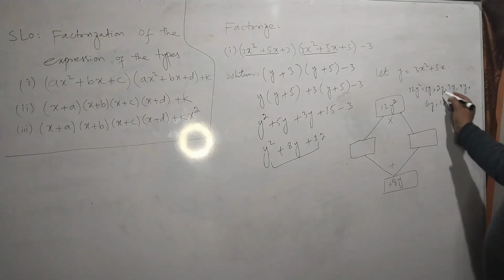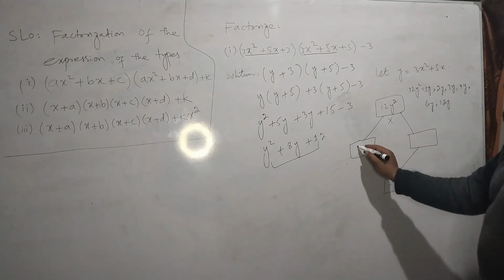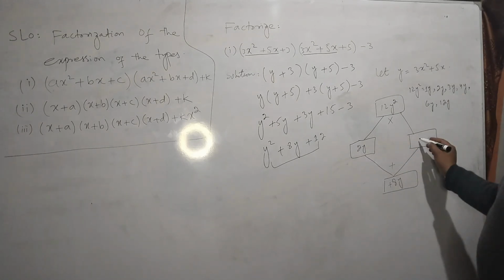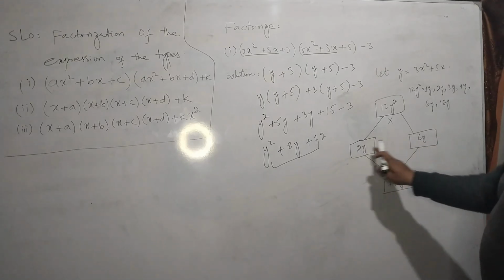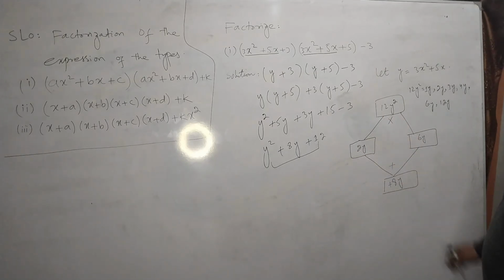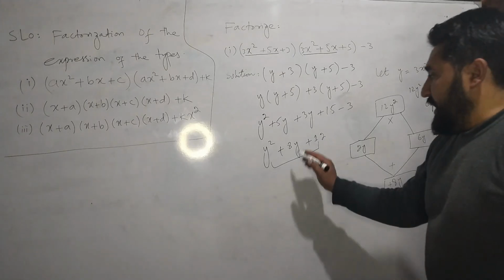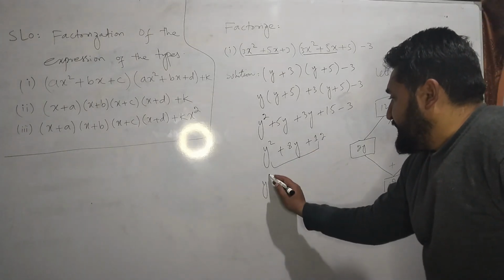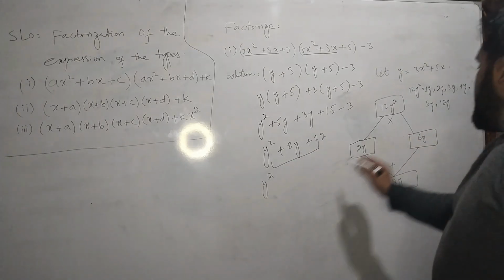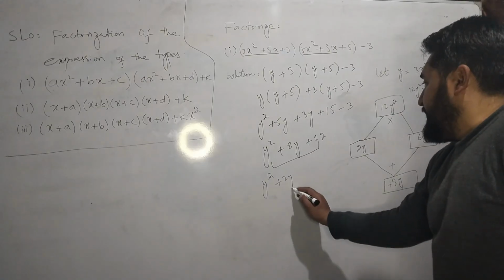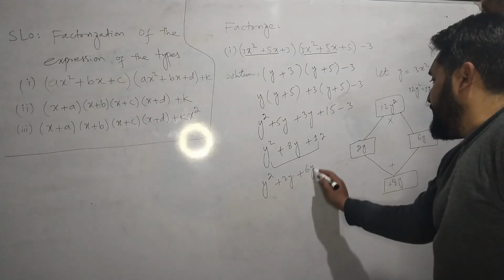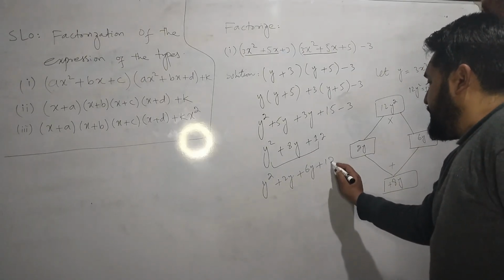Okay. Now we take 2y and 6y. If we multiply these two, our answer is 12y square. If we add these two, our answer is plus 8y. So we use these two factors. Y square plus 2y plus 6y plus 12.